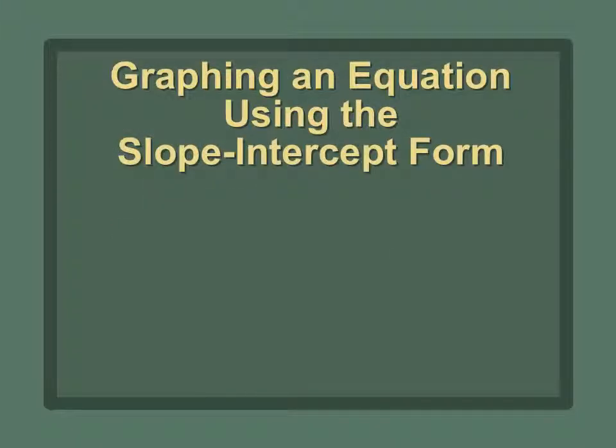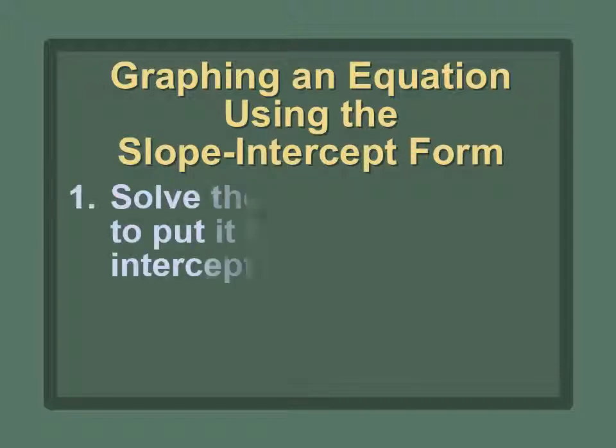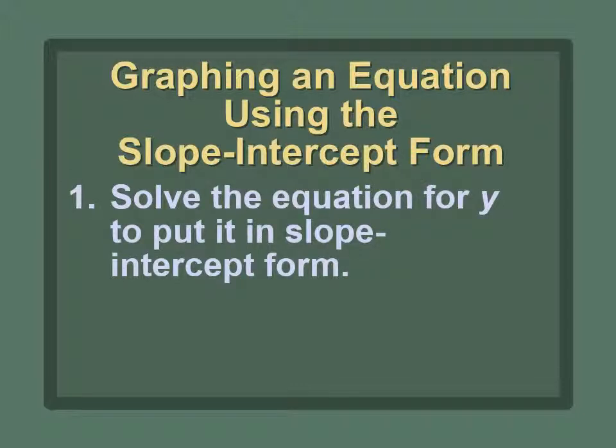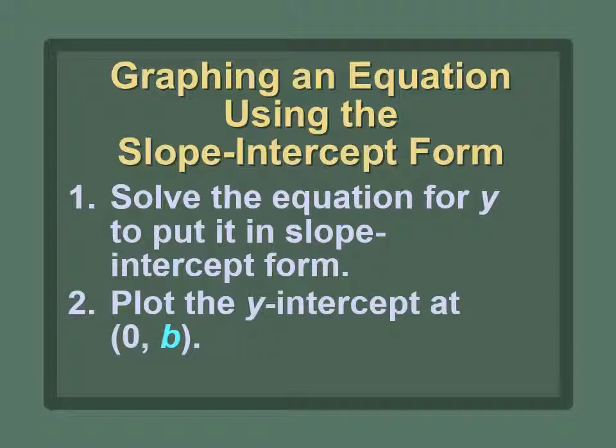So how can we use this information, the slope and the y-intercept, to graph an equation? Well, here are the steps. Step 1, we solve the equation for y to put it into slope-intercept form. Sometimes this step is already done for you, and sometimes you have to do it yourself. Step 2, we plot the y-intercept at (0, b), whatever that b value is in your slope-intercept form.